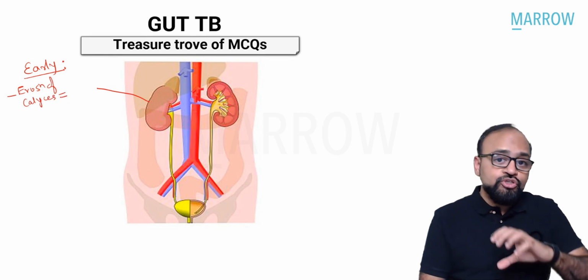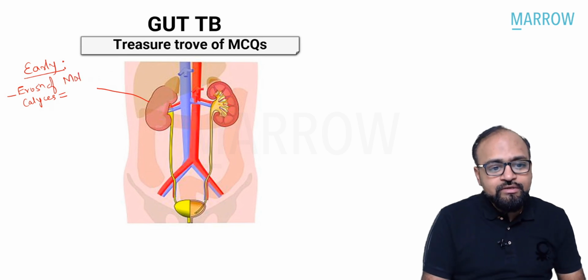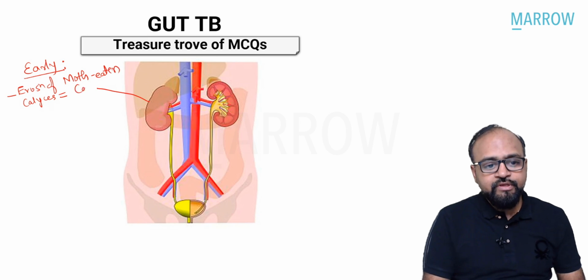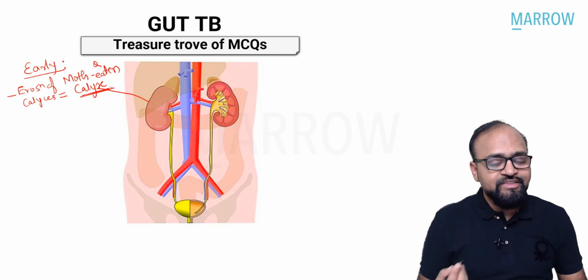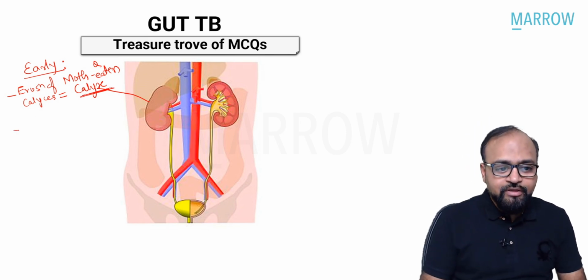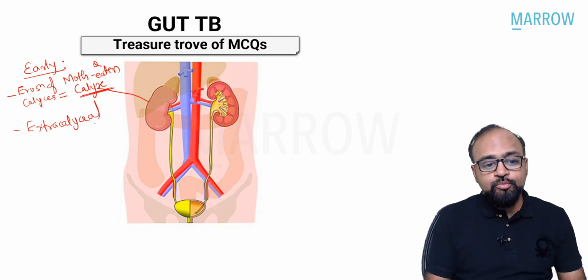This gives rise to a distortion of the normal shape of a calyx, and this calyx is called a moth-eaten calyx. This is one of the earliest findings that you identify in the kidneys in genitourinary tract TB. There could be extracalyceal accumulation of contrast.